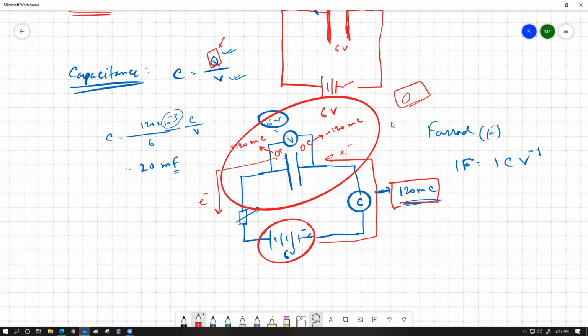This Q actually represents the amount of charge stored in any one of the two plates of the capacitor. So if one plate stores minus 120 millicoulomb, obviously the other plate will store plus 120 millicoulomb. That goes without saying. This always works. So this Q actually represents how much charge is stored in one of the plates.